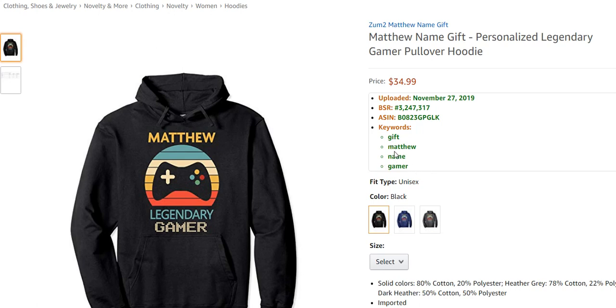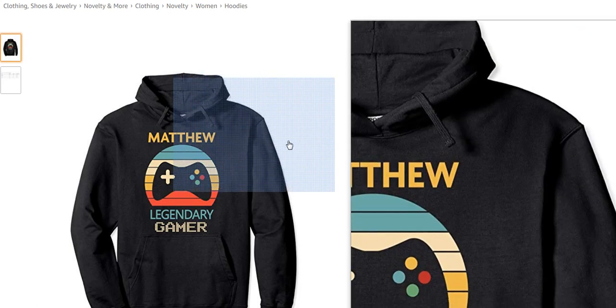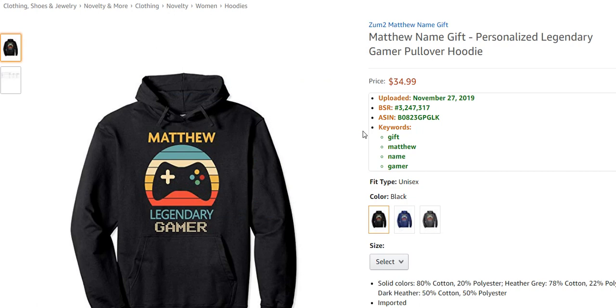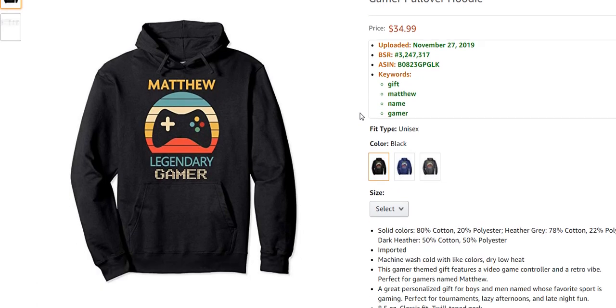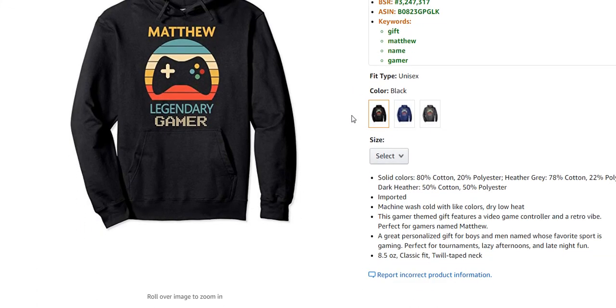That's exactly what you want to be picked up, so that when buyers are typing in these keywords, your design will come up, and that's exactly the narrowed down search terms that you want to include in all of your designs, because this is how you get sales. Let's see if they've done anything else.